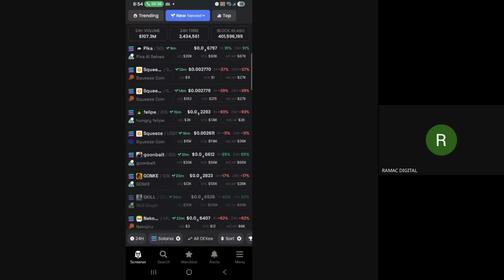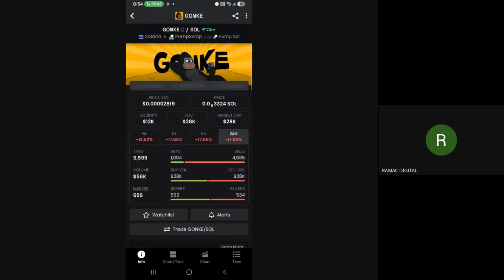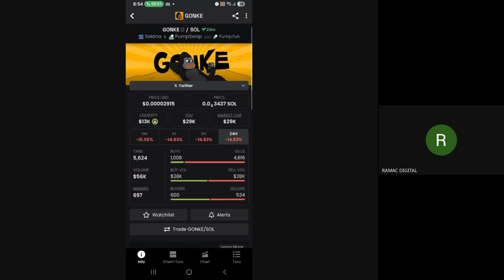Now for you guys, I'm going to give you the safest strategy to enter a token and come out of a token. Now, this token is very interesting, but me, I would not want to trade this kind of token. And a lot of people will say, why? It is because the token is still a new token. This token is 23 minutes old.